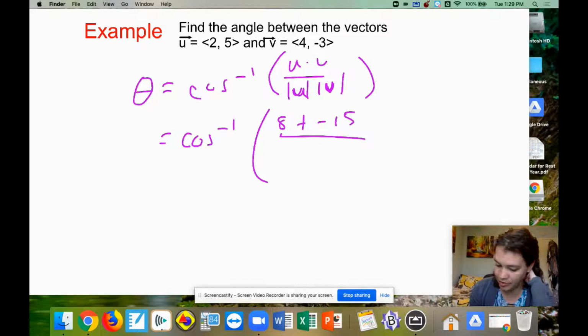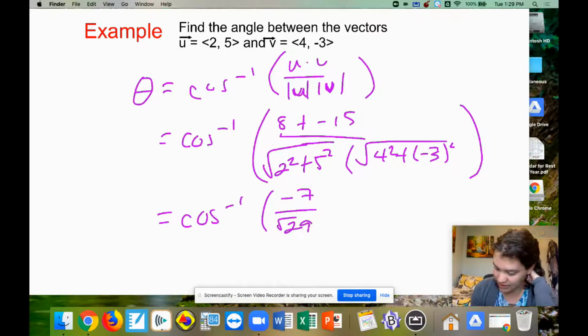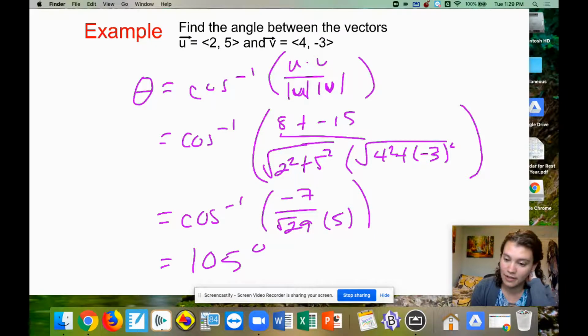And then on the bottom, you want square root of 2 squared plus 5 squared times square root of 4 squared plus -3 squared. Keep going, or you can type it in all at once if you want to. You'll get -7 on top, square root of 29, and 5. Type it in again, and you should get 105 degrees. And that's it.